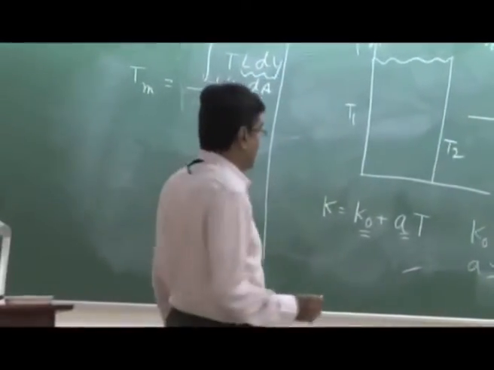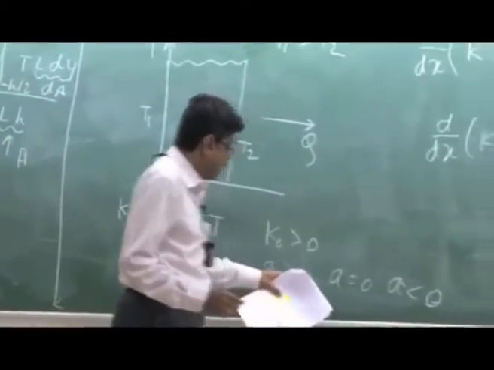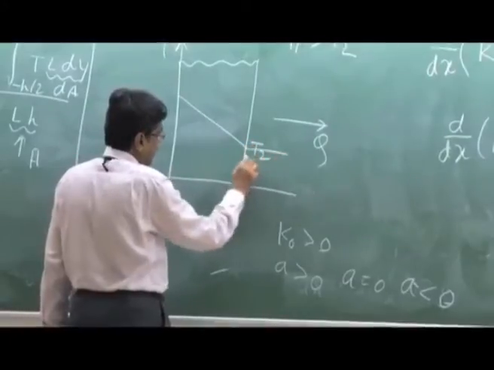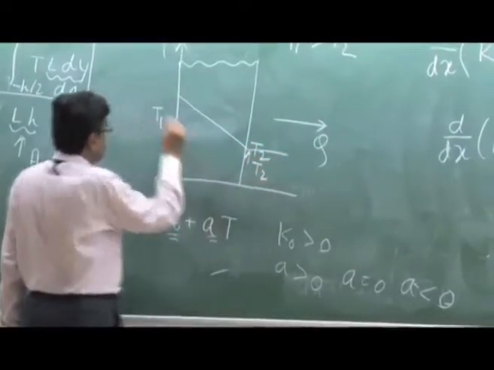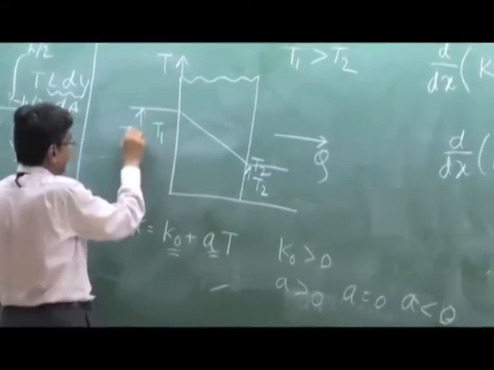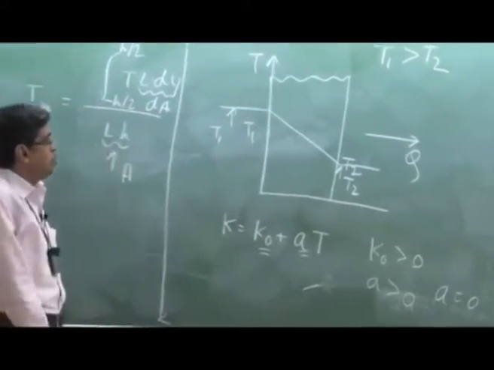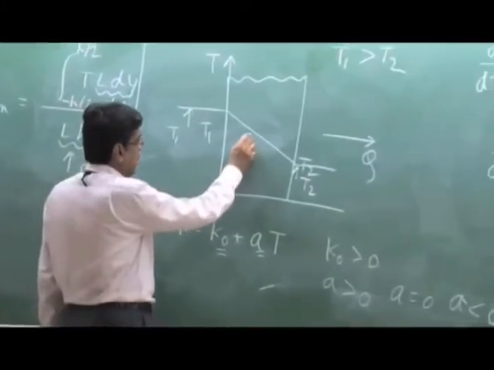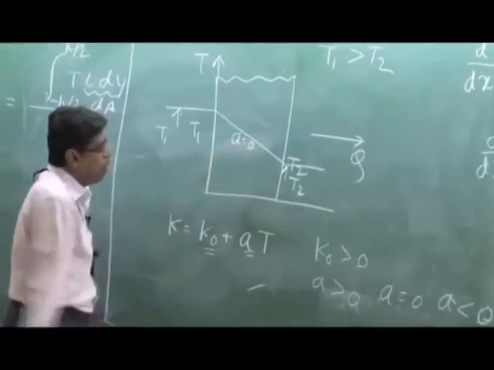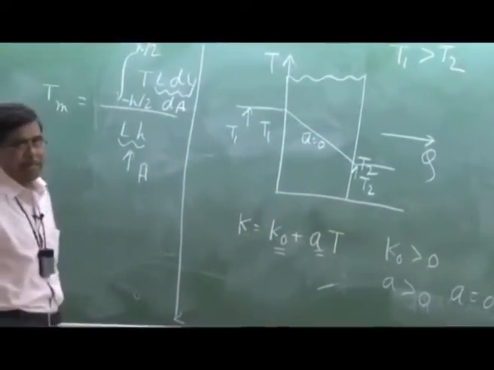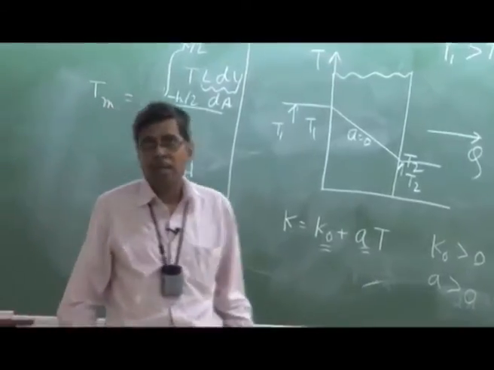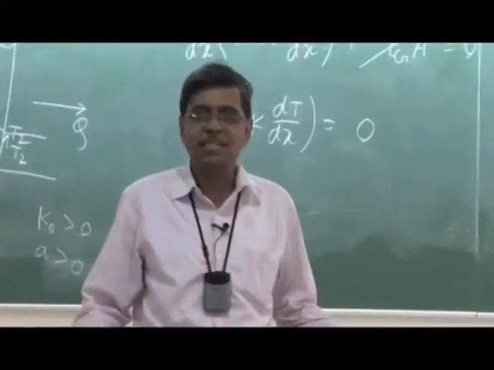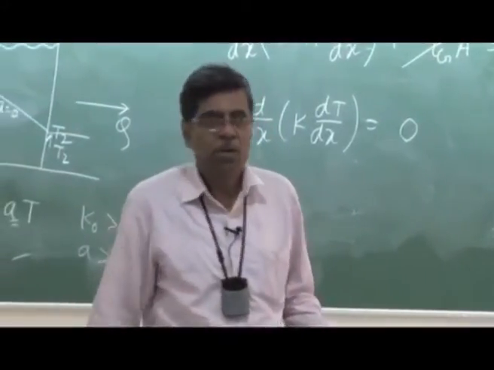So I can find out that if K is constant, that is A is 0, then it is a linear profile. It is like this: this is the temperature scale, T2 and T1. So this is a linear one when A equals 0. But when A is less than or greater than 0, the very common first reaction is that it is nonlinear but with negative slope.